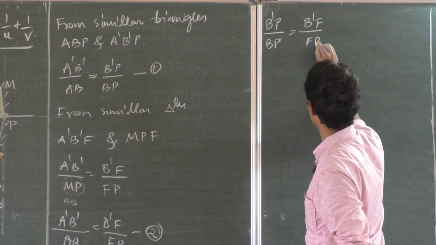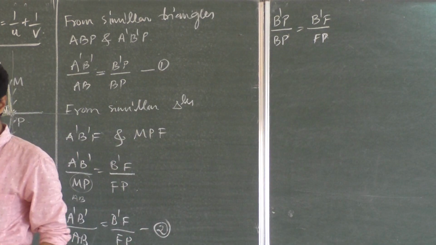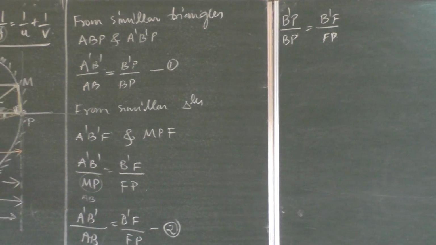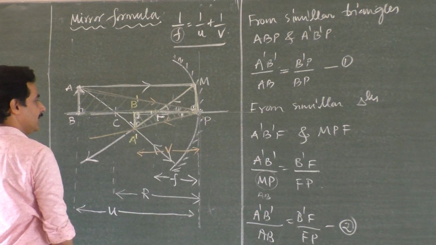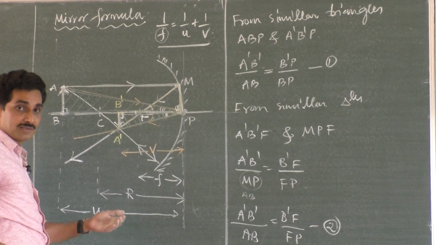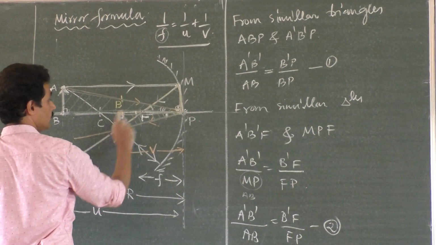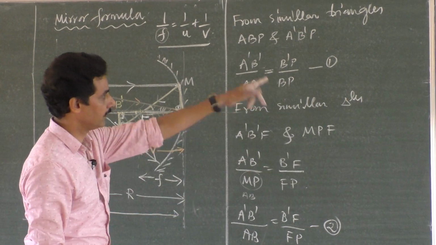This is the next equation. We considered similar triangles from here and from here. In the first similar triangles we got u and v connected. Make it like an algorithm or a flow chart: first connect u and v, then connect focal length from the next equation. We were able to do that.